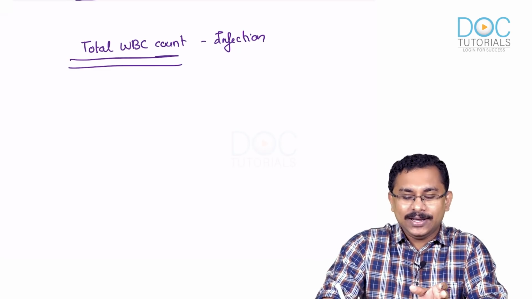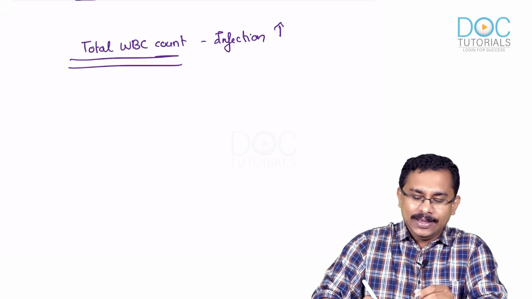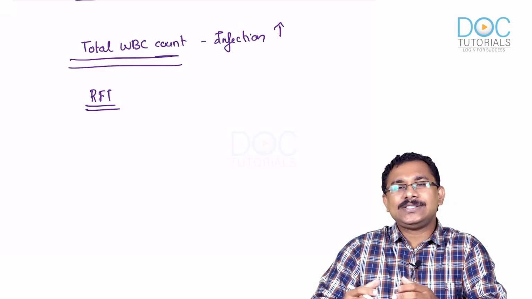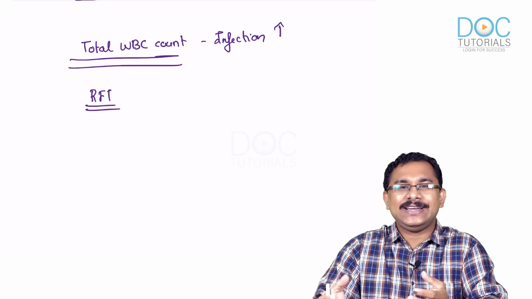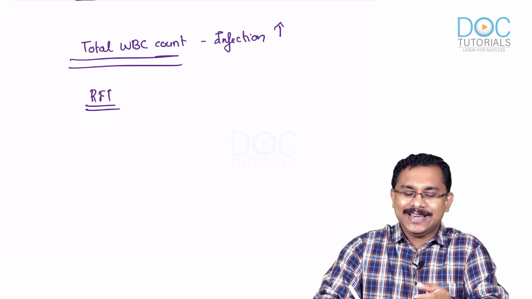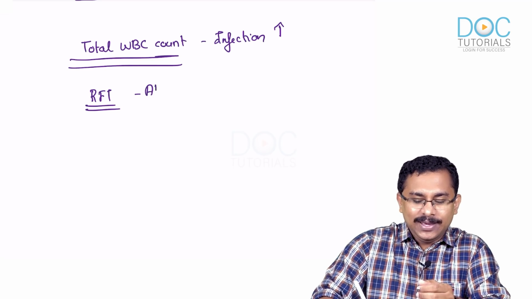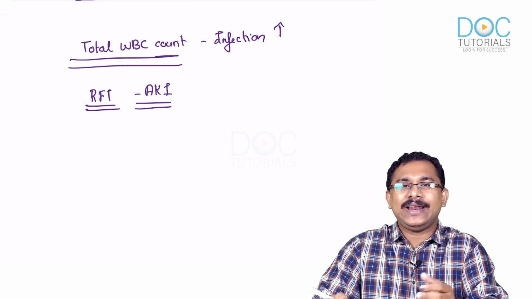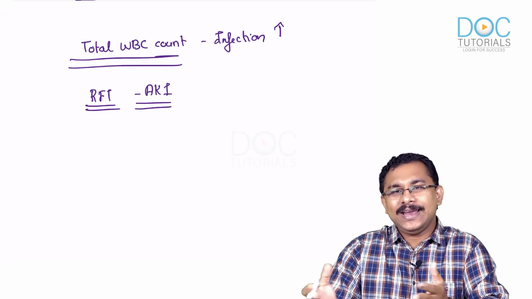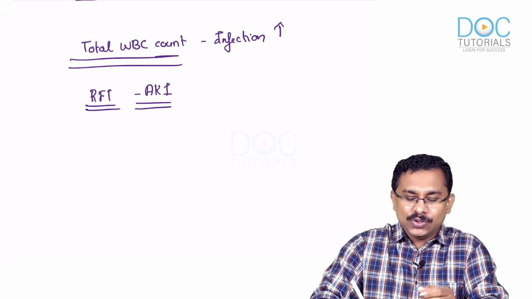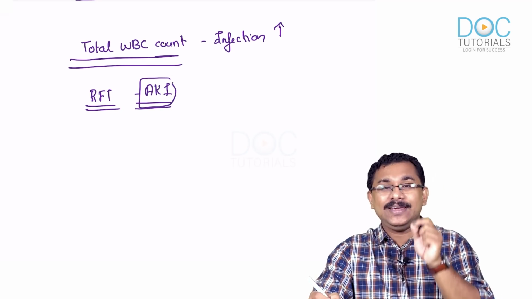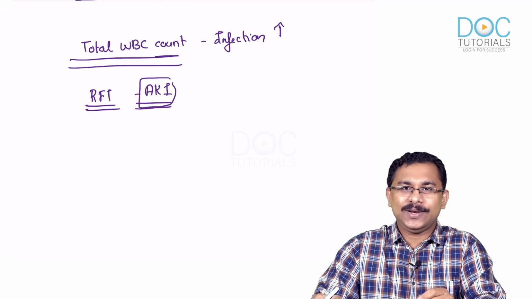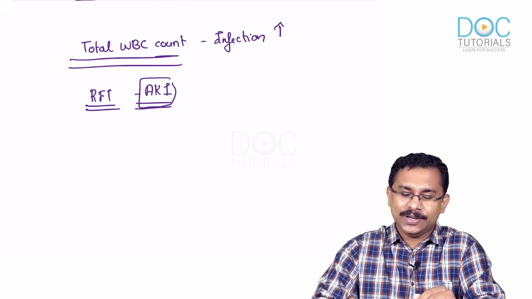So you check the WBC count also. And it is important to check the renal function test also, because there is so much dehydration and fluid loss happening. So initially there can be an acute kidney injury, a pre-renal injury, and subsequently it can cause a renal injury as well. So to begin with, you always check the blood total count as well as your renal function test. Okay, this is very, very important.